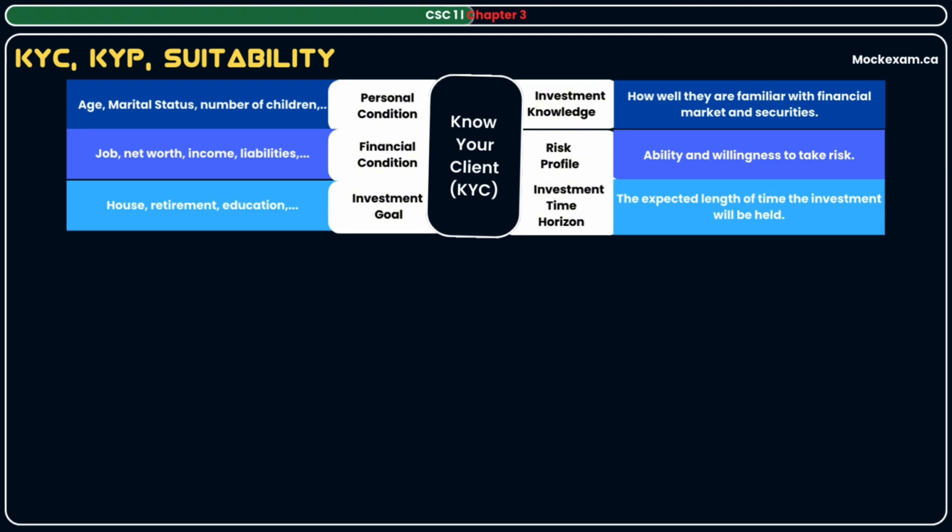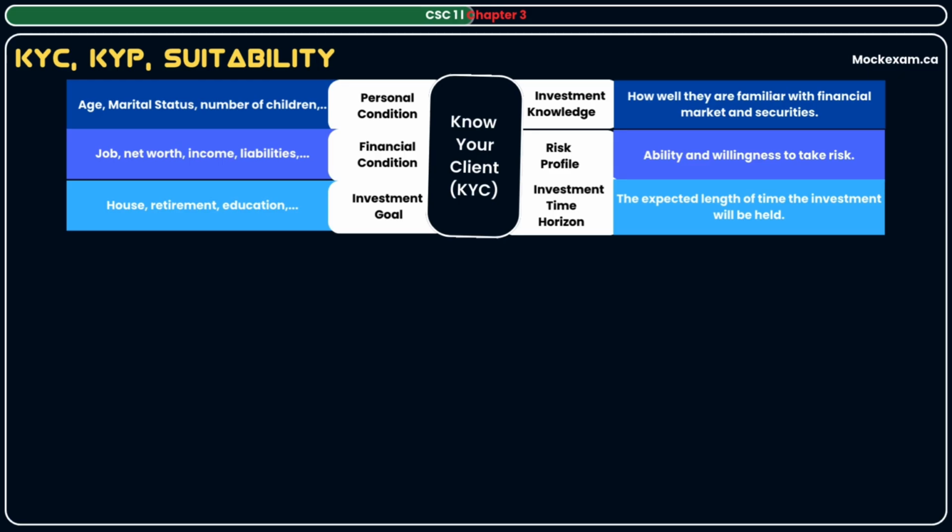It includes two segments: risk tolerance, which is how comfortable they are with ups and downs in the market, and risk capacity. It means, can they afford potential losses? Remember, a client's risk profile should always reflect the lower of their risk tolerance and capacity.